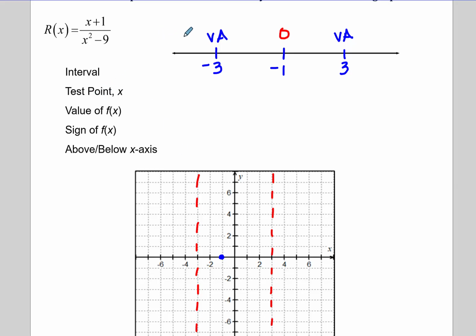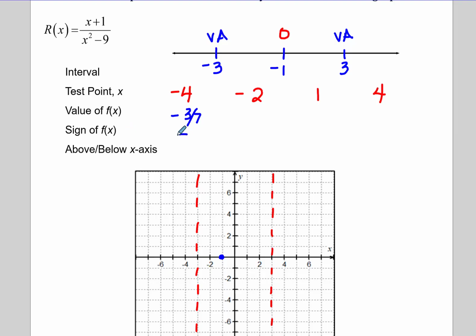If I pick a value, let's say we pick -4 over here, and we could pick in this interval -2, and in between -1 and 3, we could pick 1. And after 3, we could try 4. So when you think about the behavior and you're testing -4, if we plug in -4 into our function, we're going to end up with a -3/7.